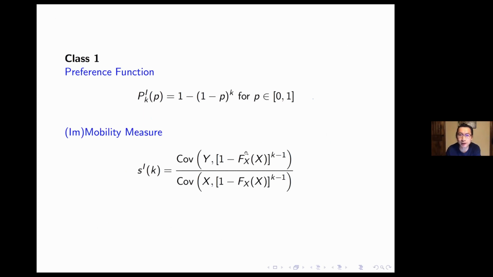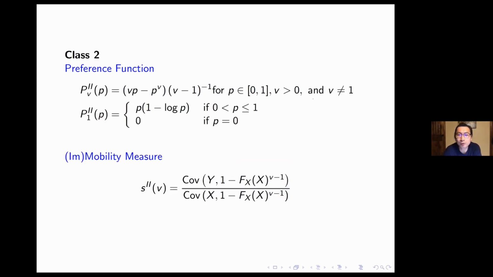There's a covariance between y and the derivative of the rank, the weight you place on a particular rank or position. This one is pretty straightforward to estimate using two-stage least squares. Now the second one, and we'll come back to the weighted average representation in a second.